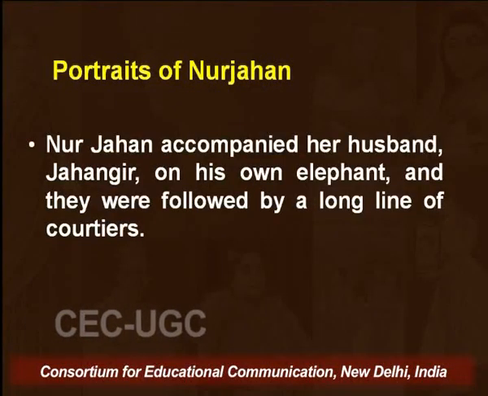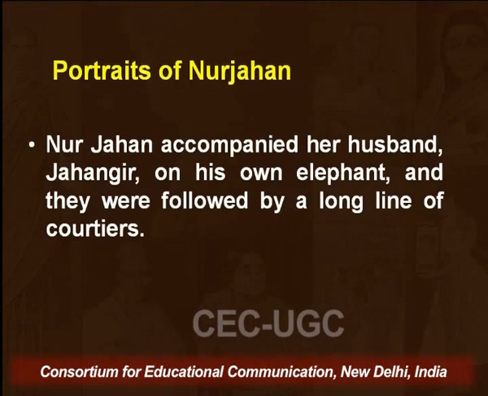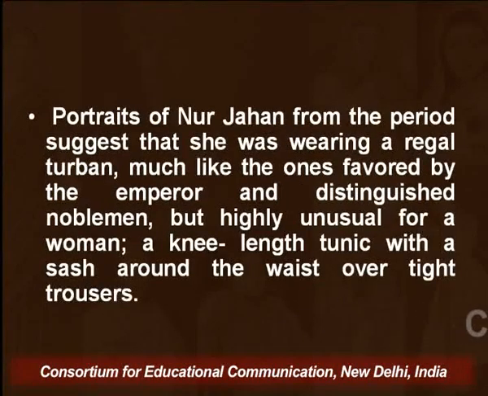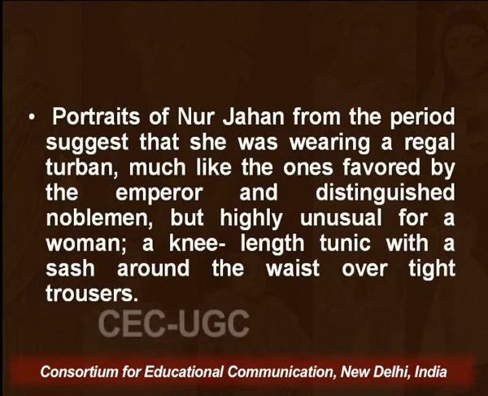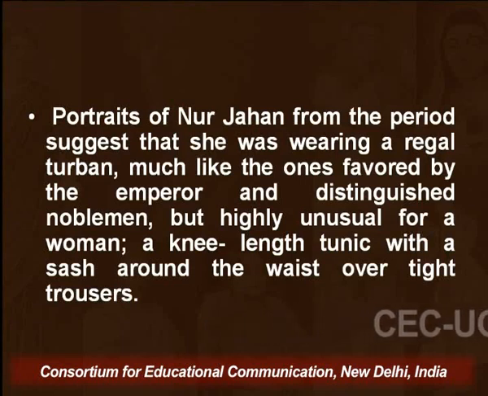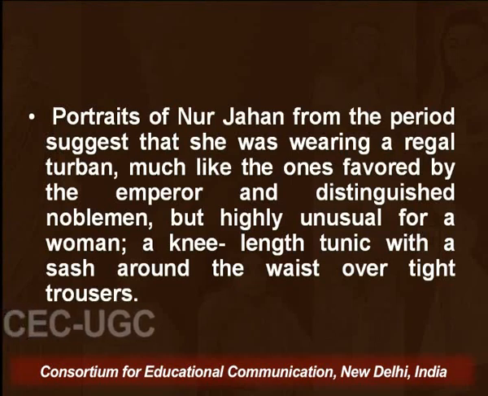Now there are several portraits of Nur Jahan, and in most of these portraits she is seen accompanying her husband Jahangir on his own elephant, followed by a long line of courtiers. Portraits from the period suggest that she was wearing a regal turban, much like the ones favoured by the emperor and other distinguished noblemen.